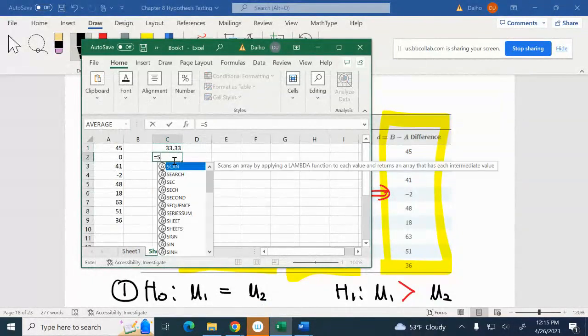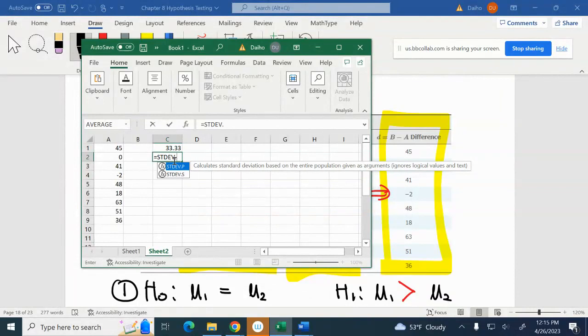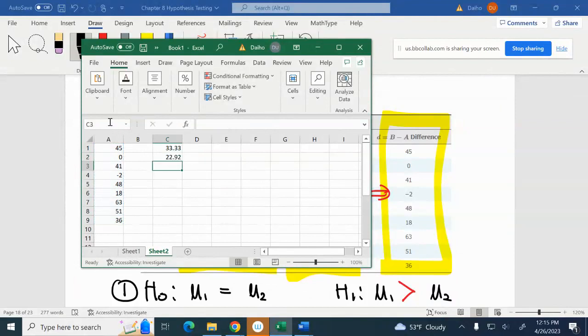And also using the standard deviation, dot s for the sample standard deviation, that will be 22.92. So it is the mean of the d, and this one is the standard deviation of the difference. Please copy the mean of the differences and the standard deviation of the difference.